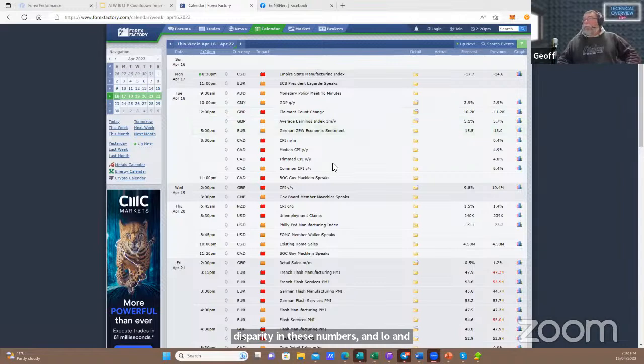So for instance, on the CAD, they're predicting 0.4 for the CPI figure month on month. If that was going to be 2.1 or -6 or whatever the case may be, a real big difference, then I would look to trade that in the direction of where that prediction lies. As I look through here, I can't see anything too much, but I do note that news on the CAD is pending on Tuesday, around about that time.